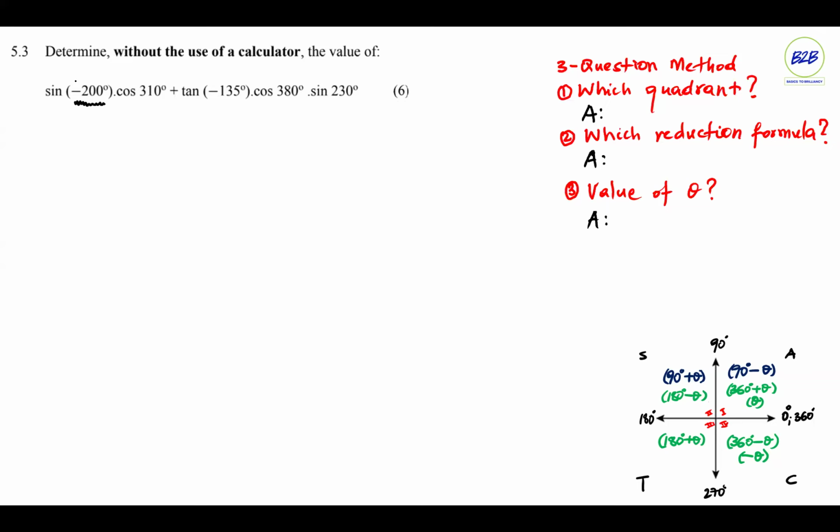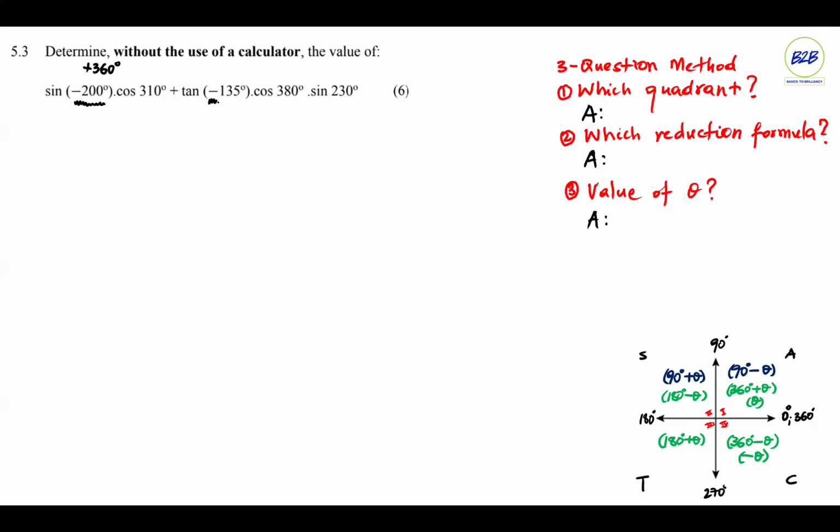And previously in episode 1, we discovered that when you deal with an angle that is negative, something like negative 200 degrees, you must then add 360 degrees.